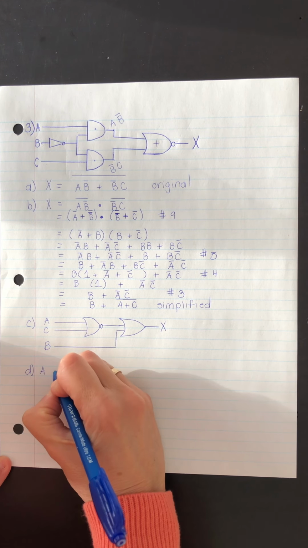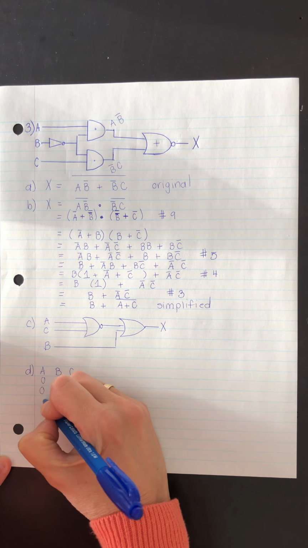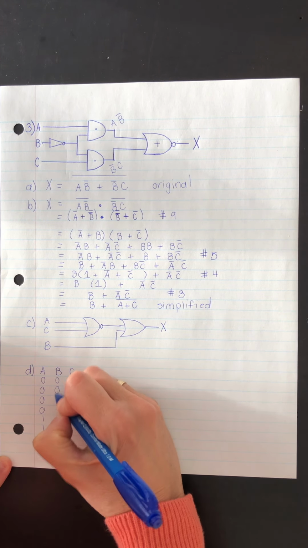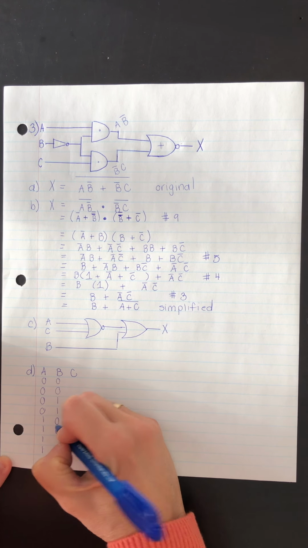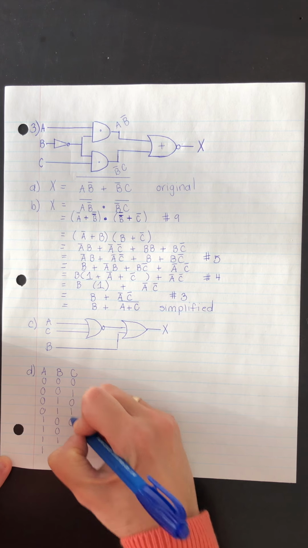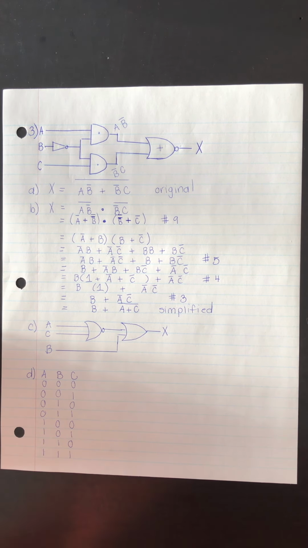I'm going to do an A and a B and a C using my patterns. And now I'm going to plan it out first before filling in all the zeros and the ones, okay?